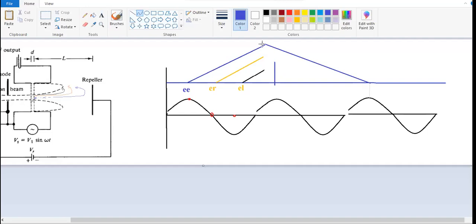Okay, so here the curvature will form. Then this electron, and the third electron, this is your third electron.